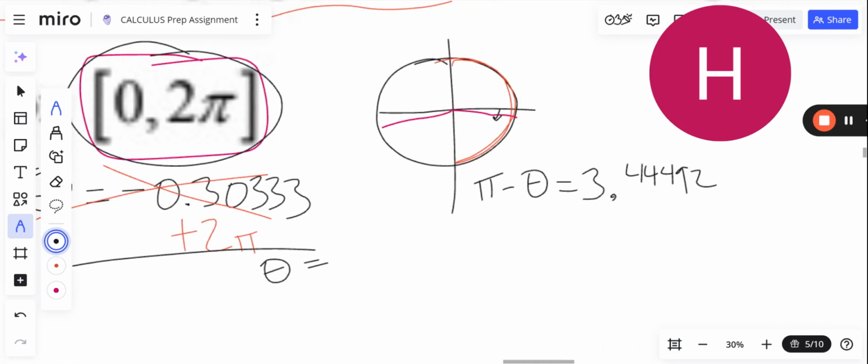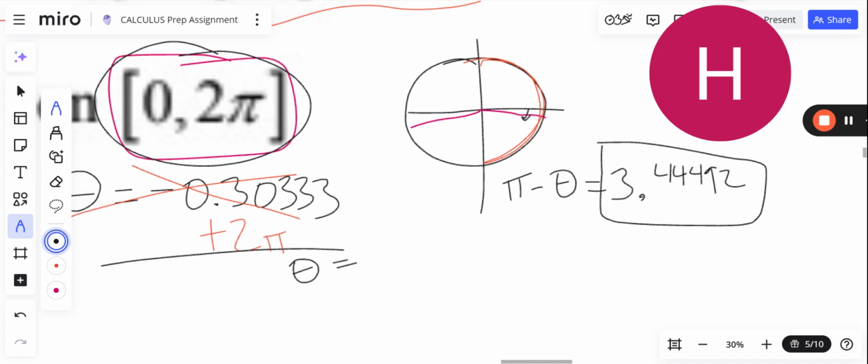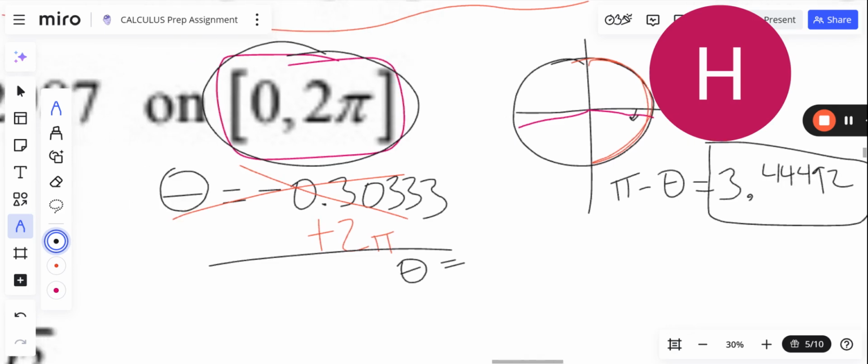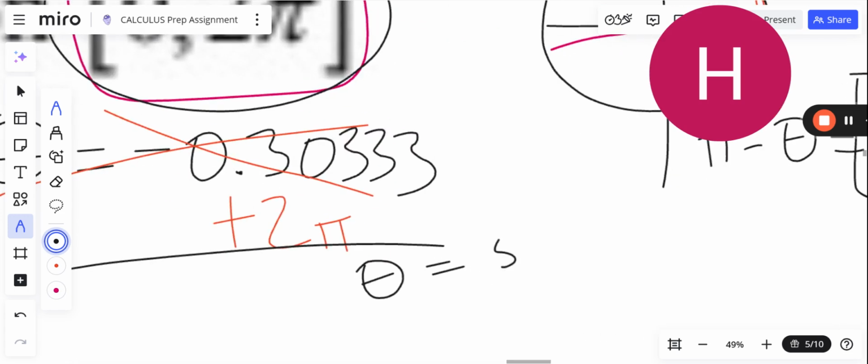And that will give us our second angle, which is kind of like our first angle, but we're just finding the coterminal angle for this position. And you should get 5.9798.